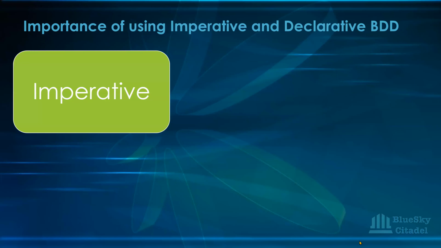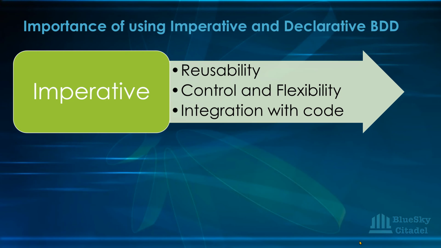The imperative Gherkin is important because it can be more reusable across multiple scenarios, and it promotes efficient case management and minimizes redundancies. It is reusable across different, sometimes even different projects.